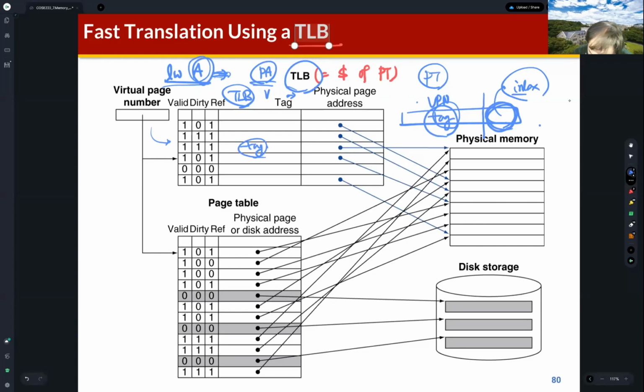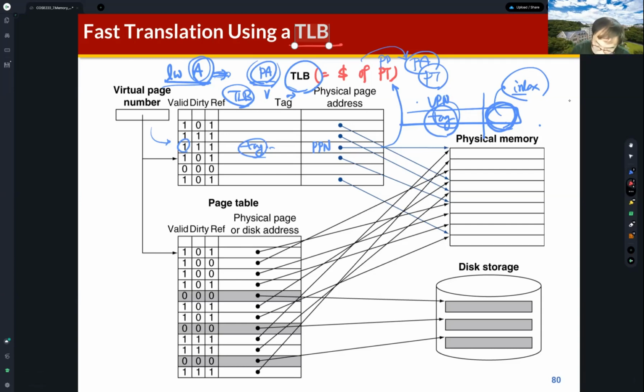So if the tag is matched and the valid bit is set, it means the TLB has the requested mapping information. Okay. So what is the mapping information? It's the physical page number, right? So in the TLB hit case, this physical page number is returned. Using this physical page number, the virtual address can be translated into the physical address very quickly. Right. Is this similar to the cache hit case?